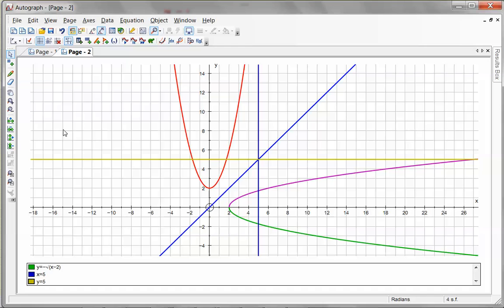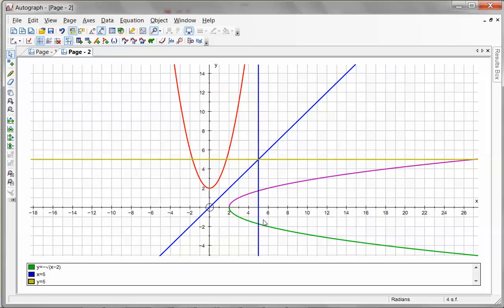I'll let you make your notes on that, and then I've got another one to look at. So make your notes on that. A horizontal test on the original function, if it fails that, it will not have an inverse function, because the inverse function would fail a vertical test.